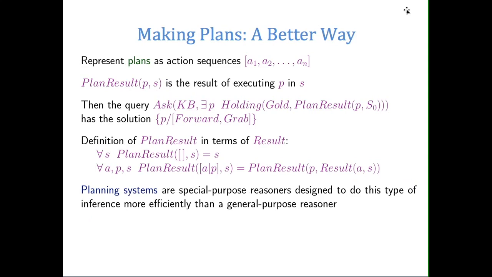Okay, so there's a better way to make plans, because these nested situations could go very long and be very difficult to read. Instead of looking at nested situations, we'll look at plans as action sequences.